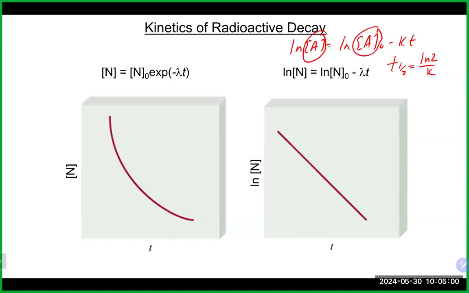Usually what we did in the kinetics chapter is we used concentrations in there. And you could still use concentrations, but you could actually use any unit that you want. So it doesn't necessarily have to even be a concentration. So those could be grams and grams on both sides. They could be milligrams and milligrams on both sides.